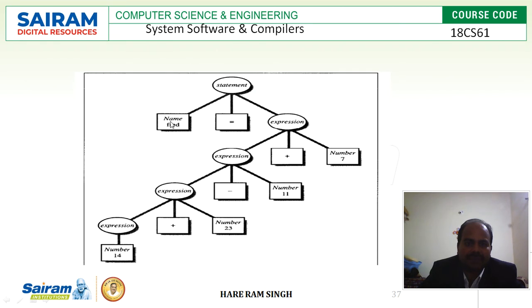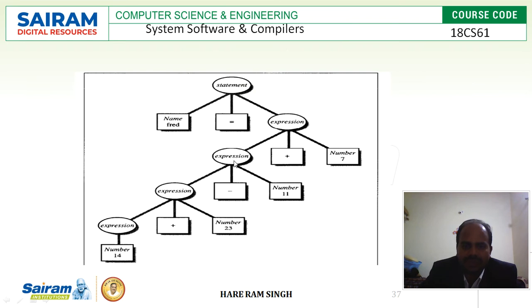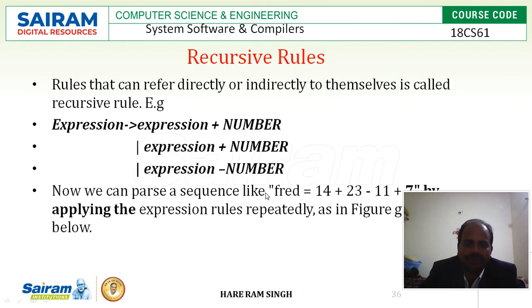Statement generates name equal to expression, and for the expression, since it is 14 plus 23 minus 11, let us consider 14 plus 23 minus 11 as one expression and 7 as a number. So we can write expression plus number.